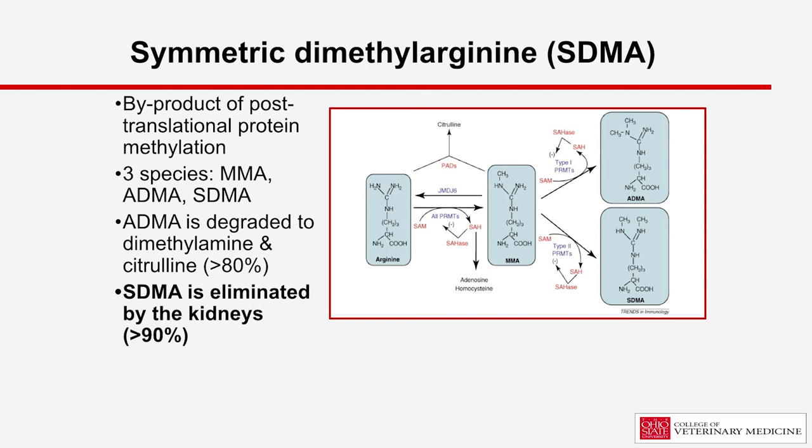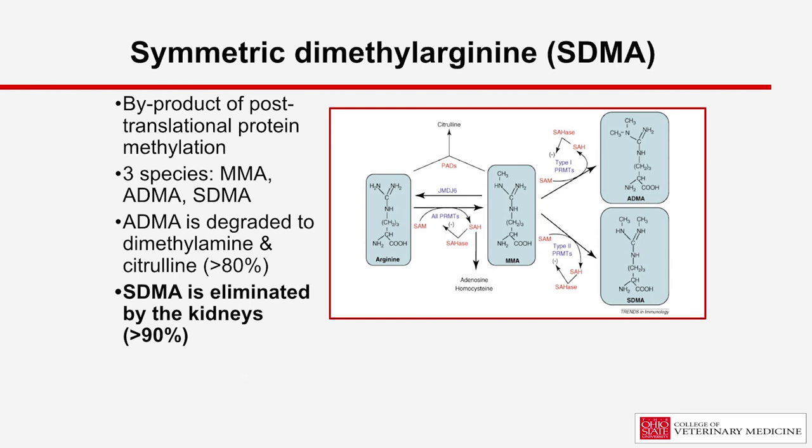If you then methylate the other amino group, now you've got 2 methyl groups, but they're on the 2 different amino groups. That's called symmetric dimethyl arginine. If you methylate it a second time, but at the same nitrogen atom as before, you now have what's called asymmetric dimethyl arginine.